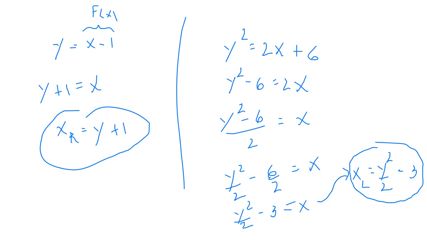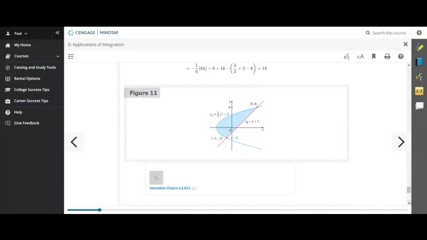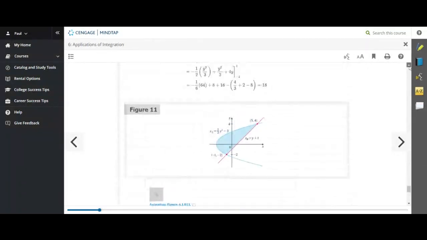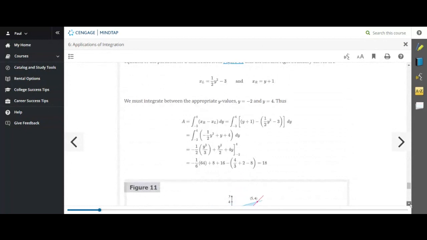I'll tell you what, let me go to the picture, because in the examples they sometimes leave out these little steps because they figure you can figure them out. Here's the picture.